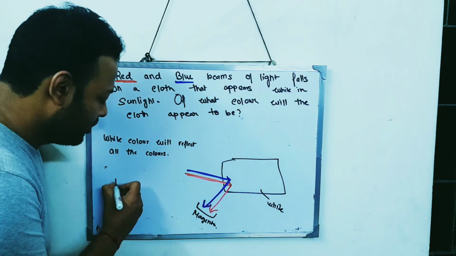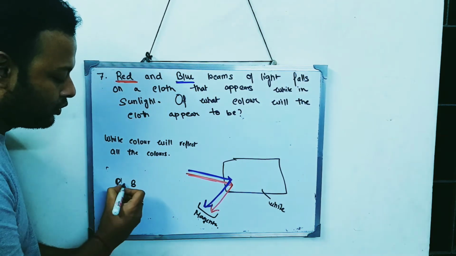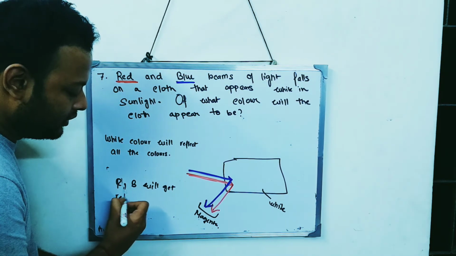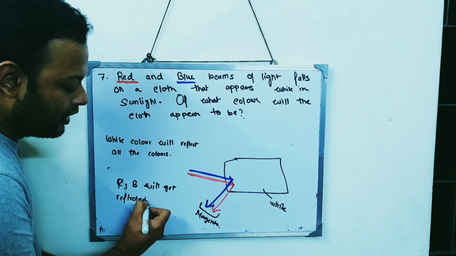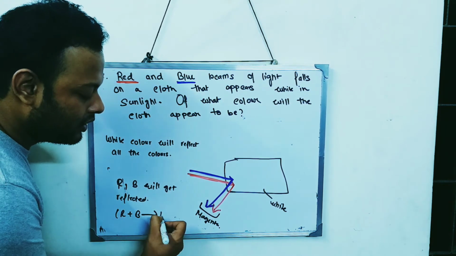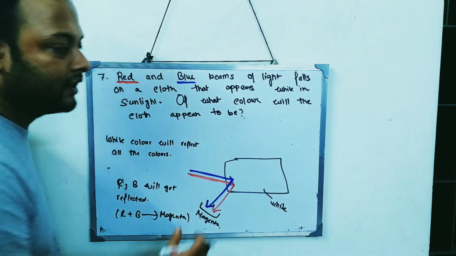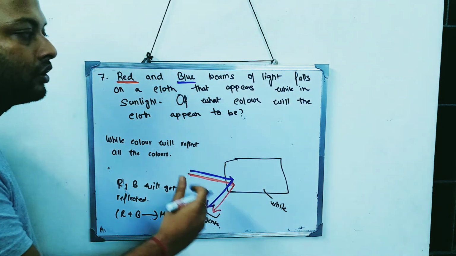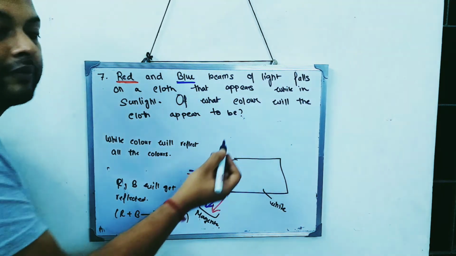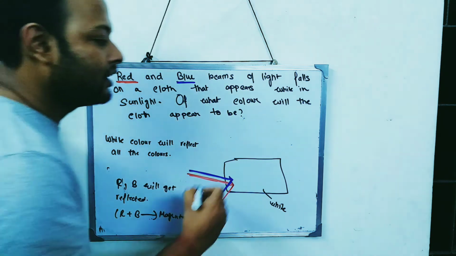We know red plus blue gives you what? A magenta appearance. So as a result, the white color cloth will appear magenta in color.